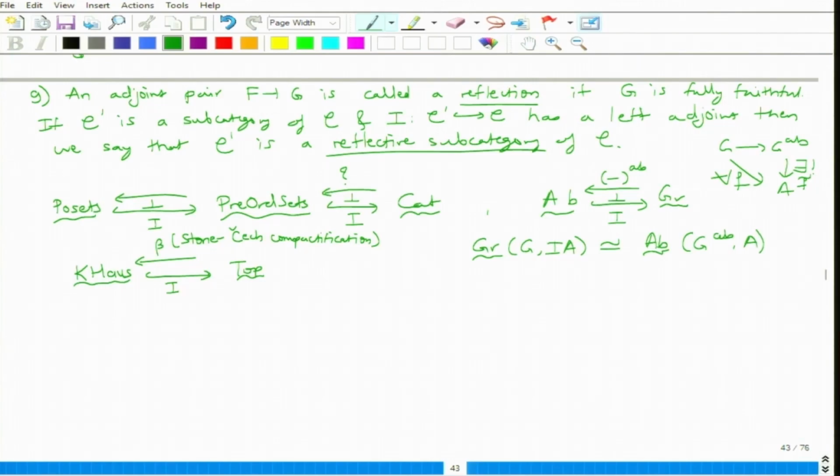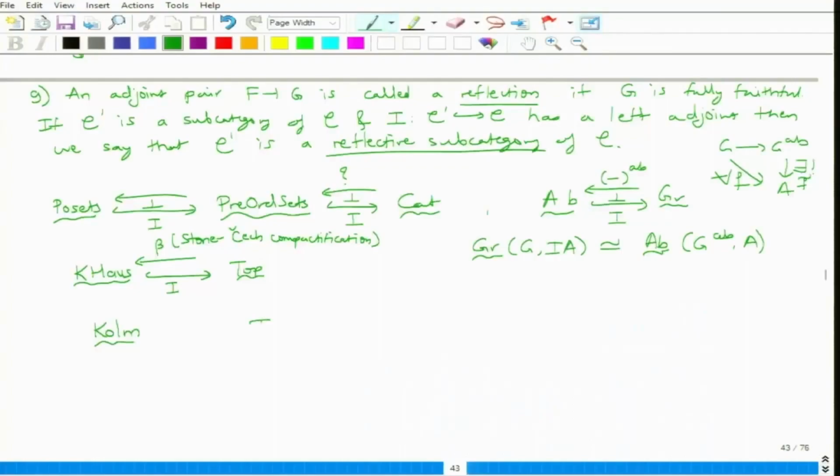Another example from topology is Kolmogorov spaces, or T0 spaces. A space is T0 if any two points are topologically distinguishable, which means there is an open set containing one of them but not the other.